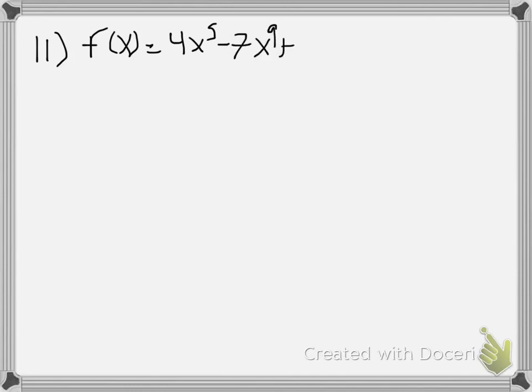I want to take a look at number 11, so that you can get a feel for that one. Number 11 says f of x is equal to 4x to the 5th minus 7x to the 9th plus 6, all over 10. First, identify which one of these is the highest power. Oh, it is this one.